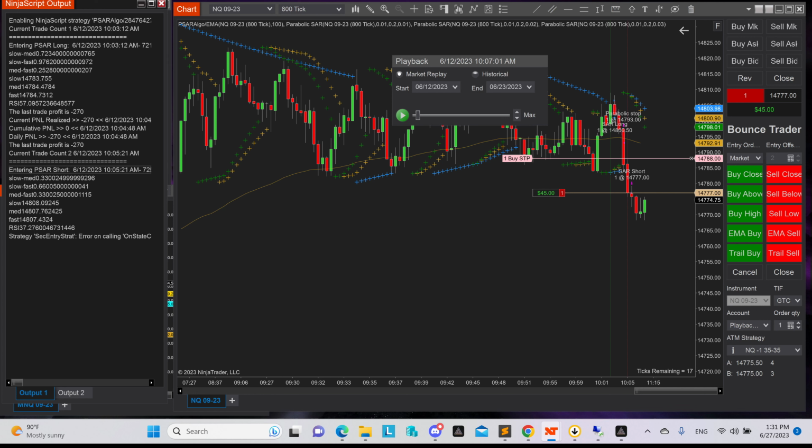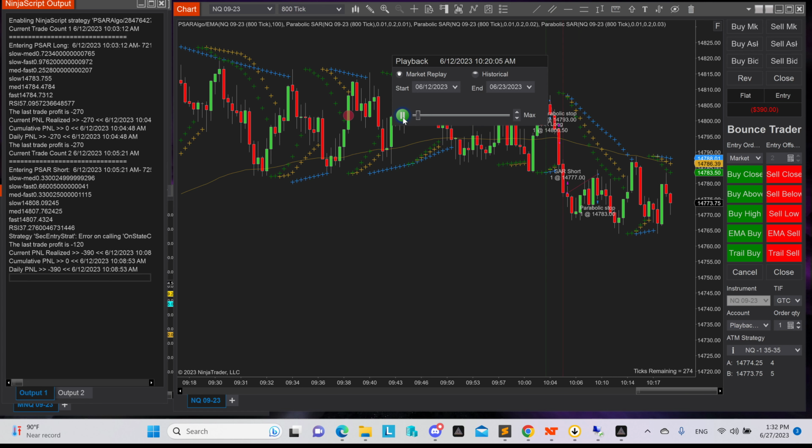See, the difference between slow and medium: slow is 148.08 and medium is 148.07, which is just a tiny difference. It's less than 1, it's 0.3, and it's also not 0. So that's what those settings were. And initially it places this 1.5 ATR stop.